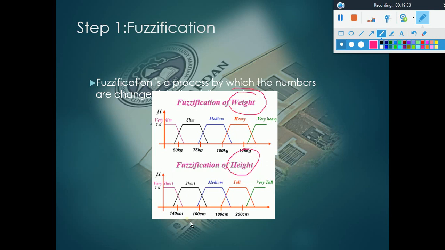These are the inputs. The weight of a person can be very slim, slim, medium, heavy, very heavy, and so on, and the height is very short, that is from 1 to 140 centimeters, then from 140 to 160 centimeters it is short, and so on.